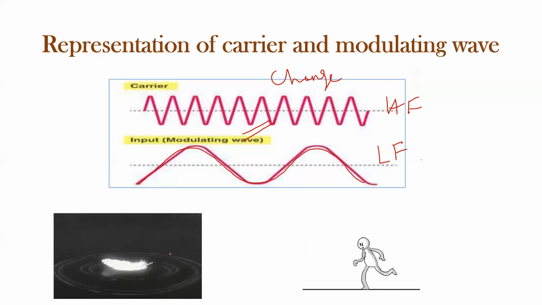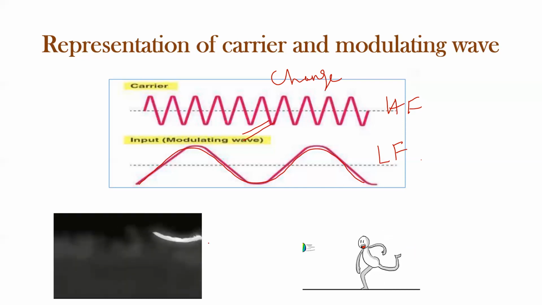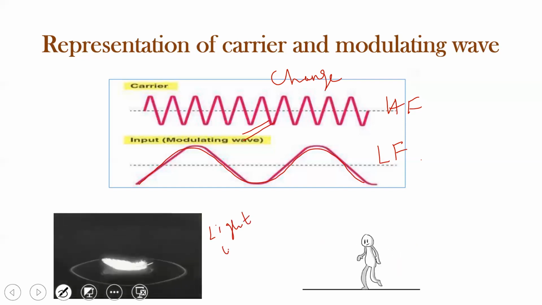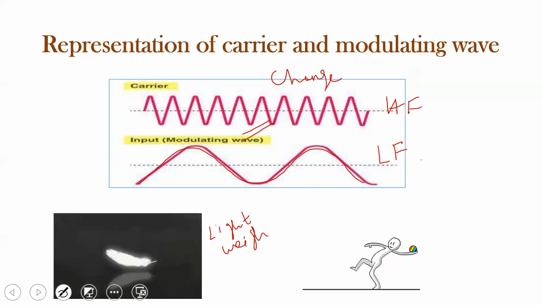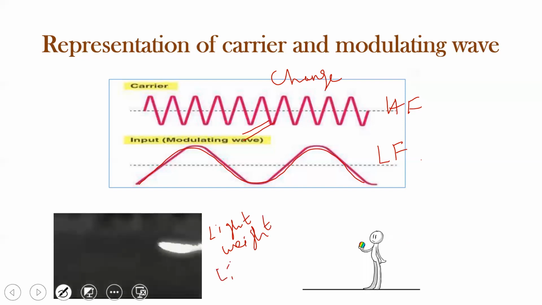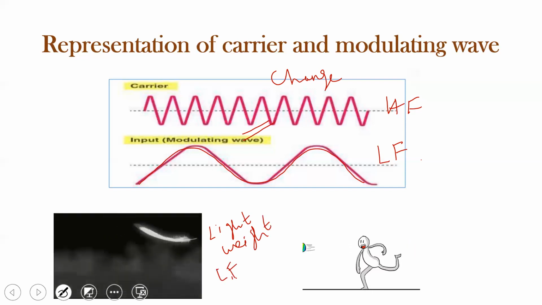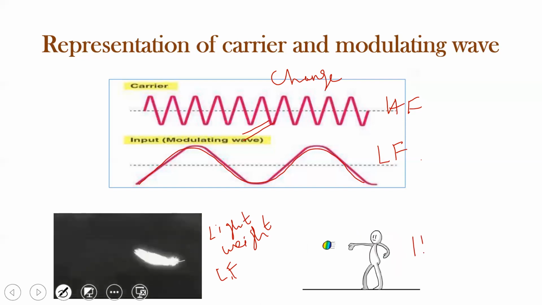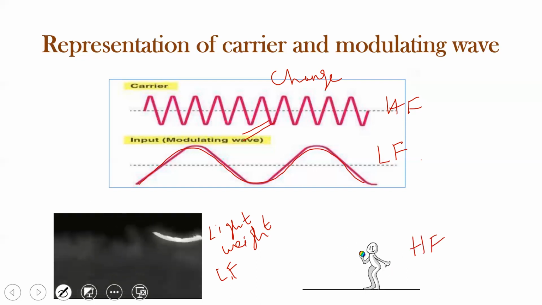Is it clear? So this is the message. The feather is the message. This message or feather is of lightweight, so it cannot travel a long distance, just as our message, because our message is low frequency. But once the feather is wrapped inside a paper, it can reach a long distance and it is becoming a high frequency signal.